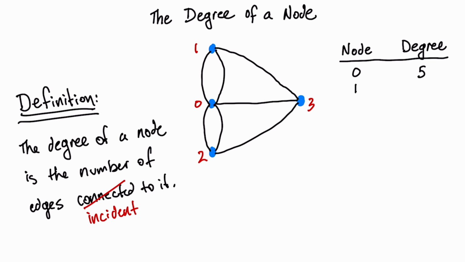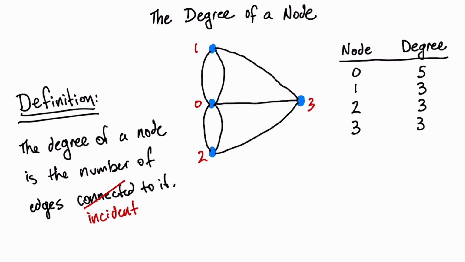Node 1 has 3 edges connected to it, so it has degree 3. Node 2 also has 3 edges connected to it, so it has degree 3. Finally, node 3 also has 3 edges connected to it. So just like nodes 1 and 2, it has degree 3.